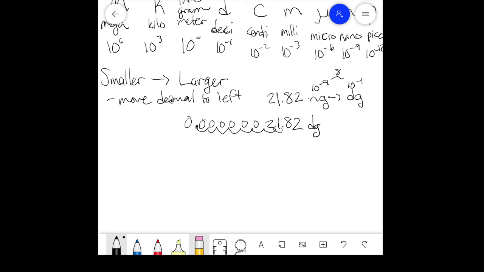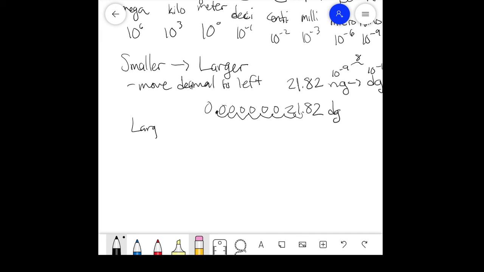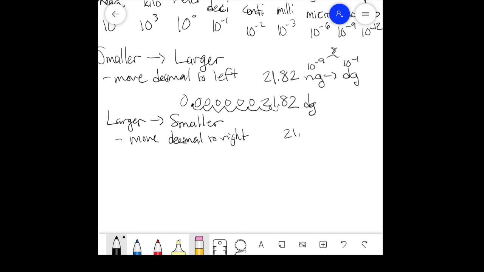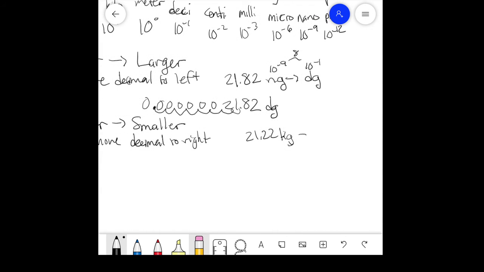And so that's how you go smaller to larger. If you're going larger to smaller, you multiply, or you move the decimal to the right. So say we have 21.22 kilograms, and we are going to milligrams.